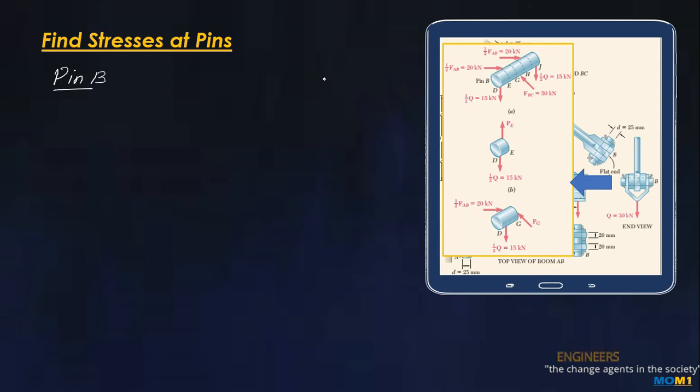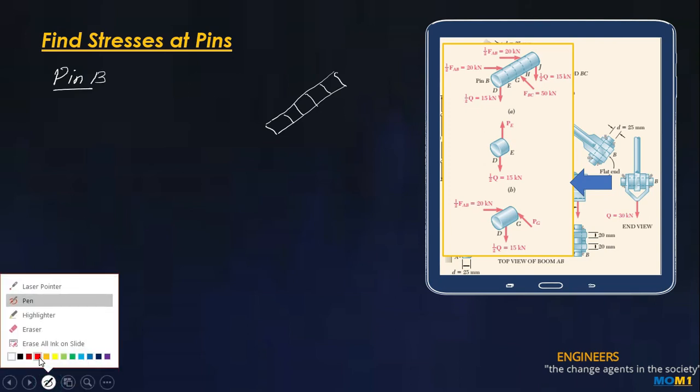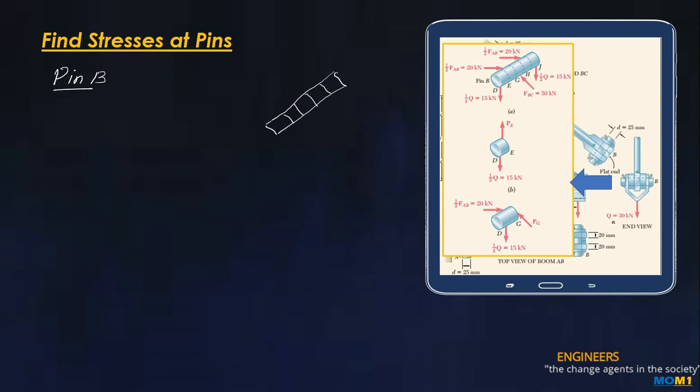Here if we see the pin B, simultaneously three forces are acting. So there are in fact four faces which are subjected to the shear stresses. Now the downward force of 30 kilonewton is further divided into two.